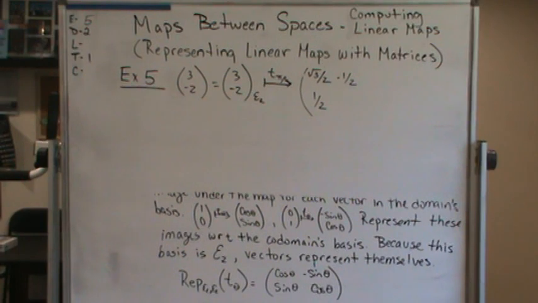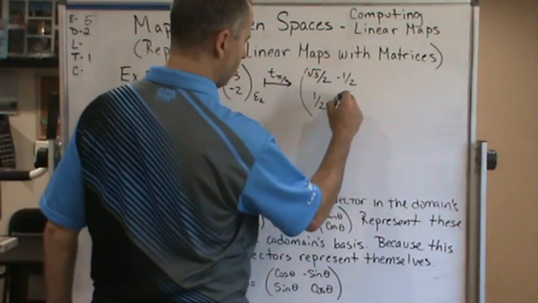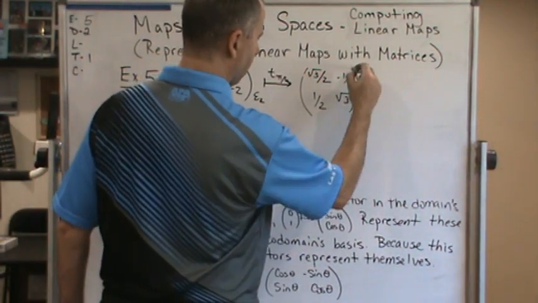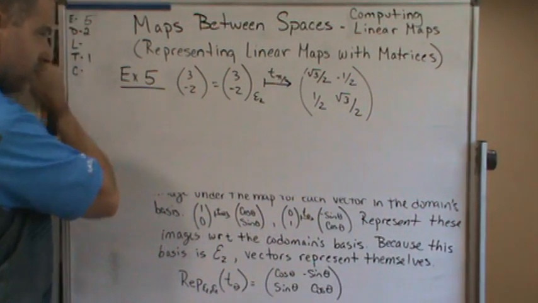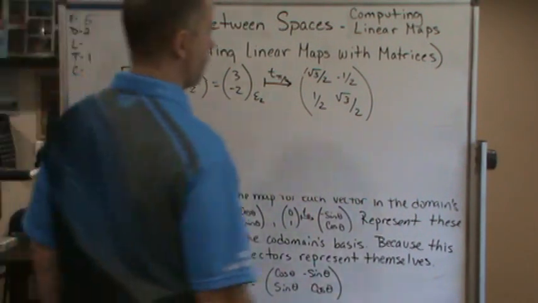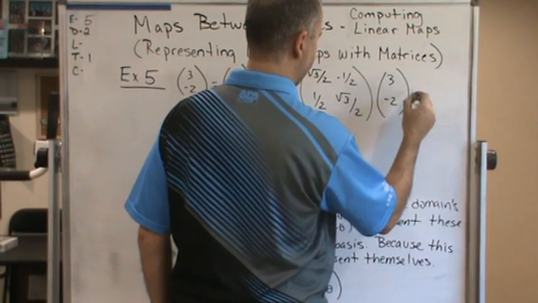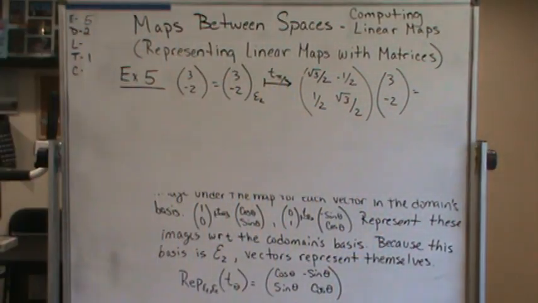And then, as we've seen before, cosine, so these are the same. So this is just square root of 3 over 2. Now we're going to multiply that by 3, negative 2. And what are we going to get?